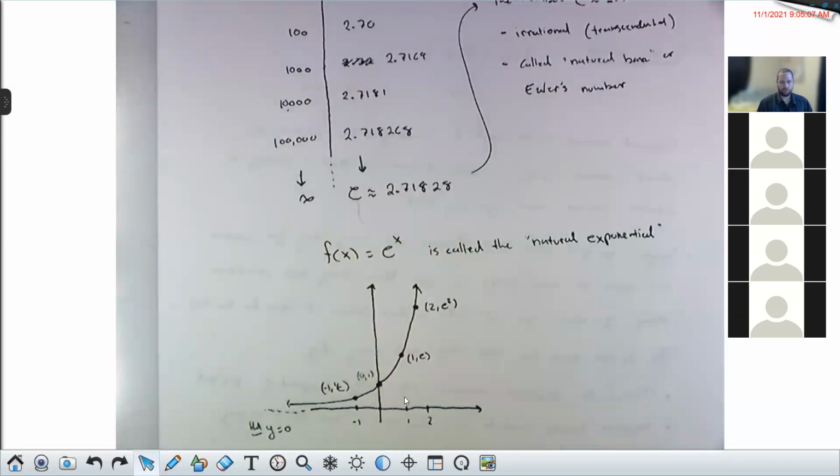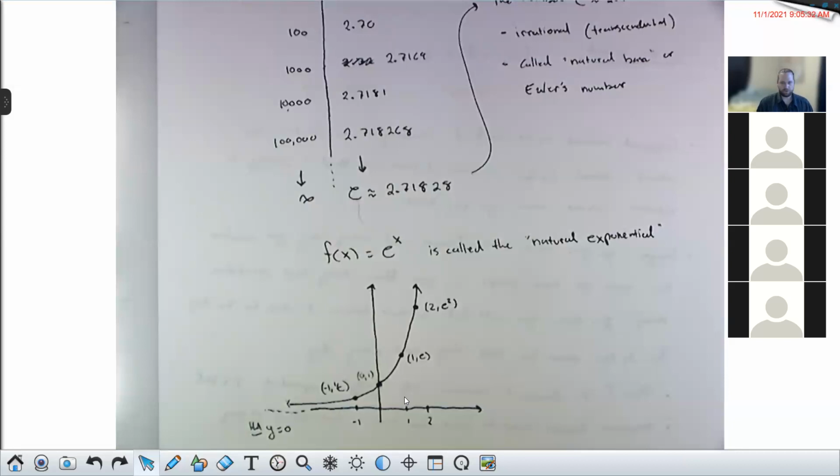Even though the y values that are coming out here are not as nice as the y values that come out of 2 to the x or 3 to the x or 1/2 to the x even, this is still the right one. You know that all the exponentials are kind of similar, right? They all have the same shape. So you want to just pick one and use it all the time. This is the one, because it does that thing with the calculus operation so nicely.